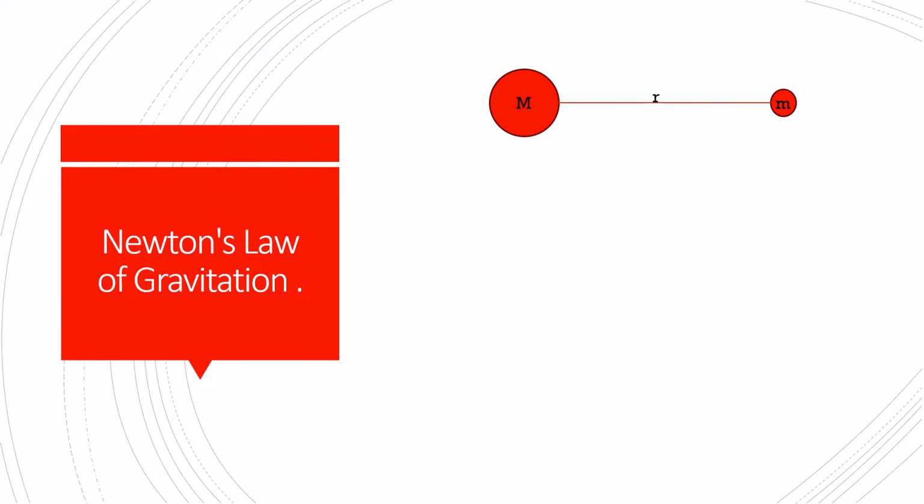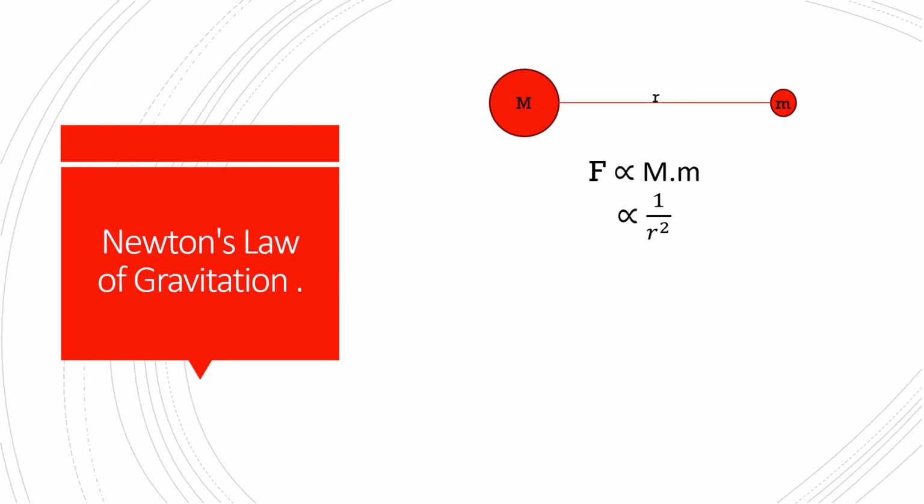Now Newton's gravitational law states the magnitude of the force is proportional to the product of the masses and inversely proportional to the square of the distance between them. If the masses increase, the gravitational force of attraction increases, and if the distance between the bodies decreases, the gravitational force of attraction increases, as it is inversely proportional to the square of the distance.